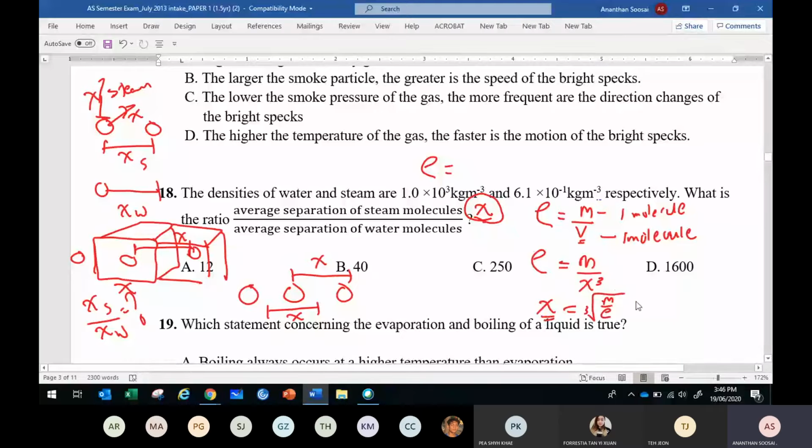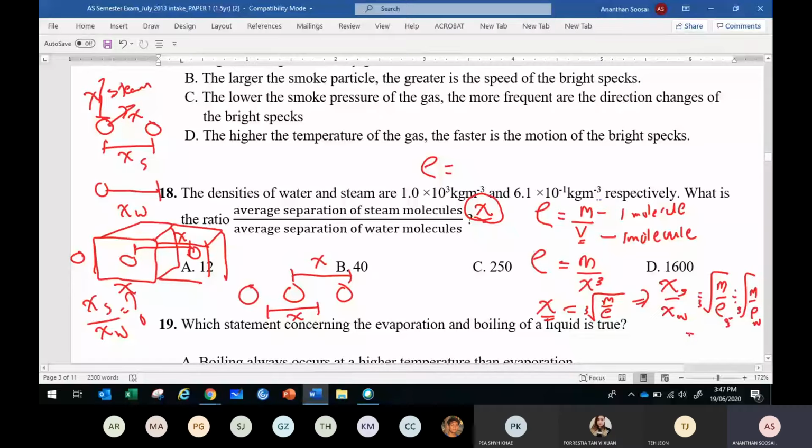So from here, we want to find what? Separation of steam over separation of water is actually the cube root of mass of one molecule divided by density of steam, divided by the cube root of mass of one molecule divided by density of water.